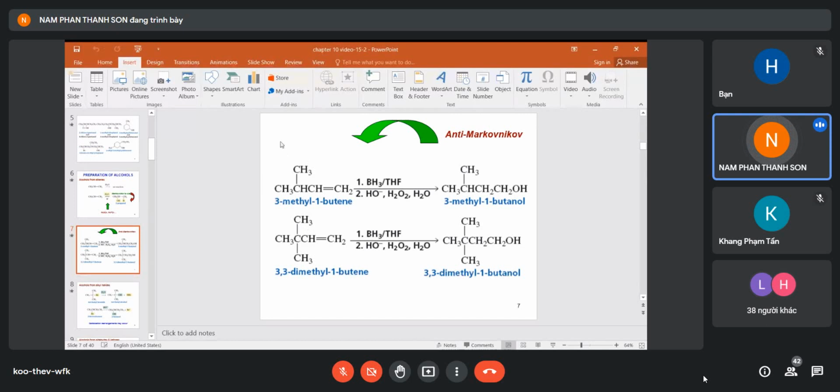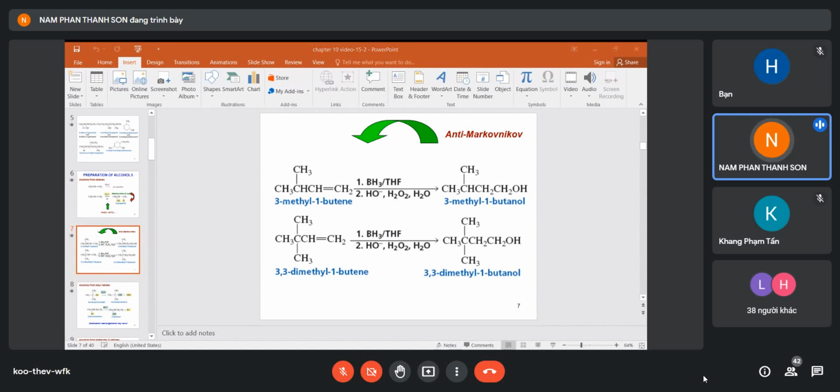So everyone take note again. You see this reaction in the midterm and the final exams. This is equivalent to anti-Markovnikov addition of water without rearrangement. We don't have rearrangement here.